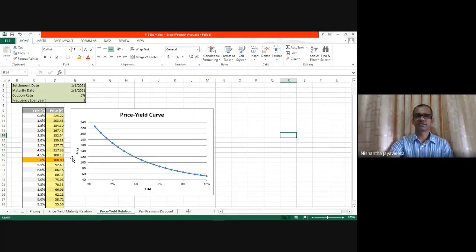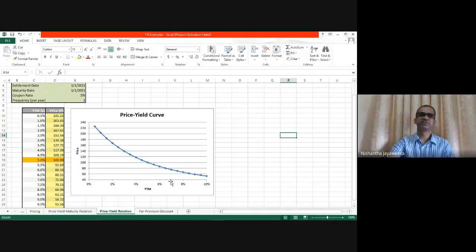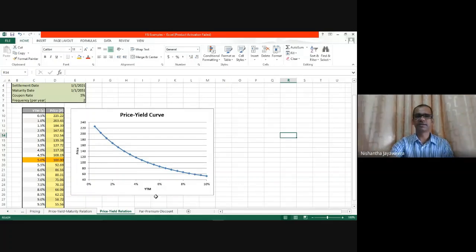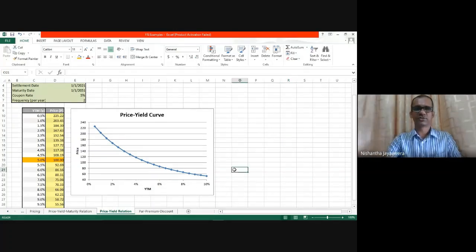On the y-axis, the price is shown. On the x-axis, yield to maturity is shown. The inverse relationship between price and yield is shown here. This is not the yield curve.